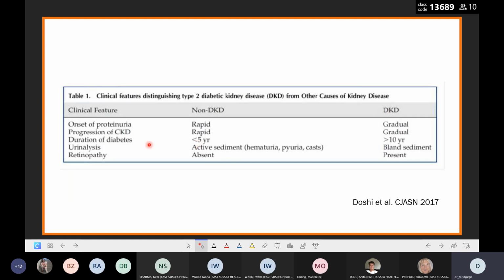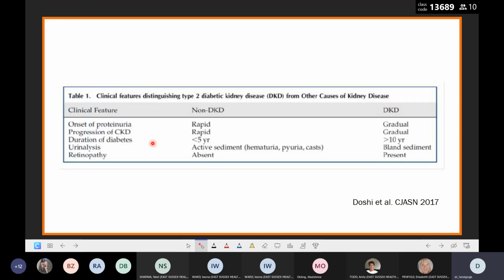Okay, so non-diabetic kidney disease, usually you'll find in a patient with diabetes less than 5 years. So if you have a patient with recent diabetes diagnosed last year, for example, and is coming to you with significant proteinuria or decline in the kidney function, this means that it is not diabetes. There is something else. For diabetic kidney disease, you find usually the duration of diabetes, as I said, more than 5 years at least, or more than 10 years at most.